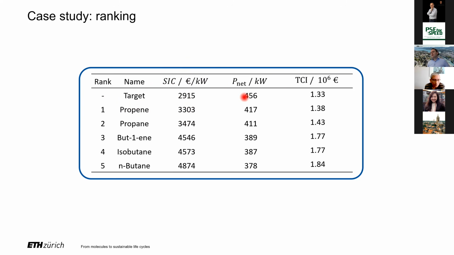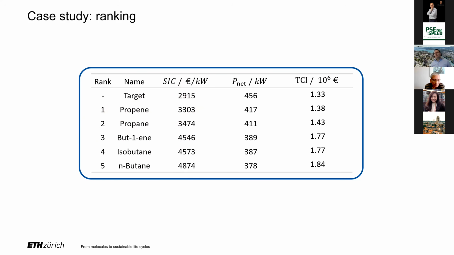We can compute what the output power is, and this is the investment cost in there. So this is the target, and then we can look at the groups we have, and I have to say for the transport properties, the groups are still limited, so that's why the molecules are not that crazy, but they are also molecules that have been discussed in the literature. And we see that the real molecules are about 10% more expensive than the target, like propene or propane. They seem to be the closest ones in performance.